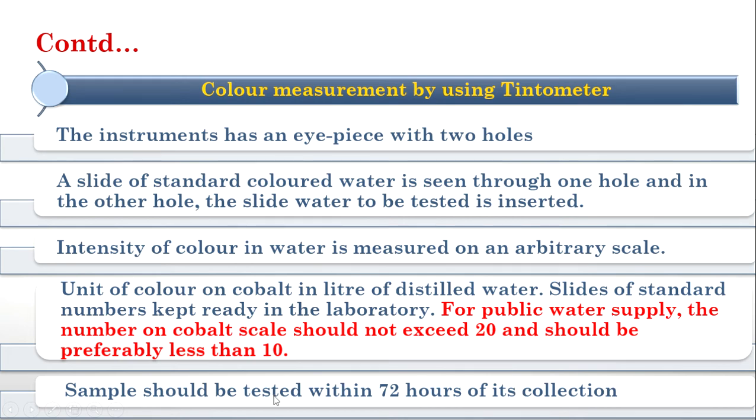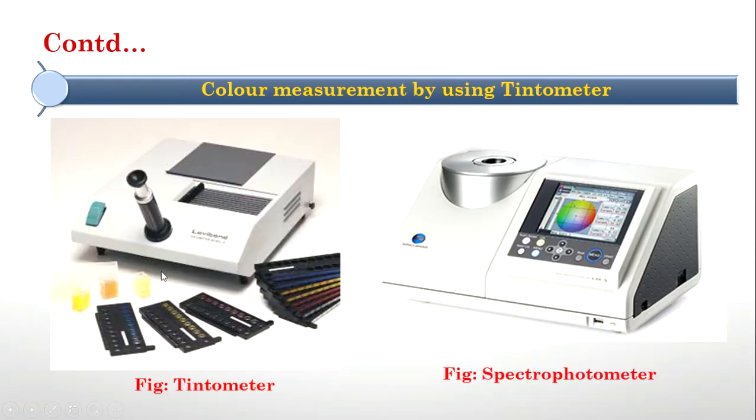So this is the tintometer and this is the spectrophotometer. Both instruments use Nessler's tubes or some other tubes, and there will be provisions for placing these tubes containing standard color and sample. So these are the two instruments.